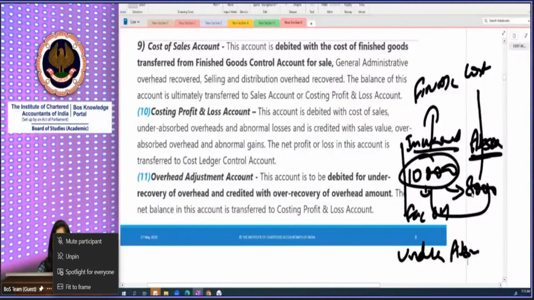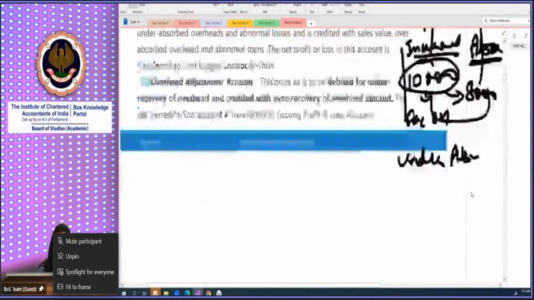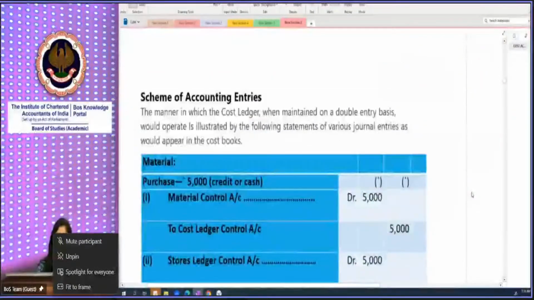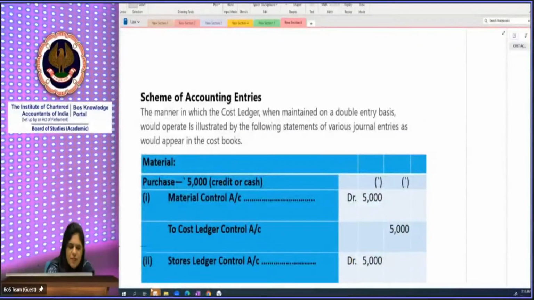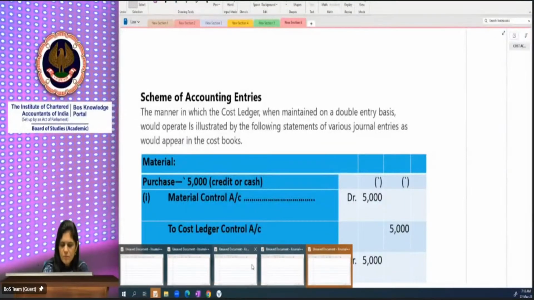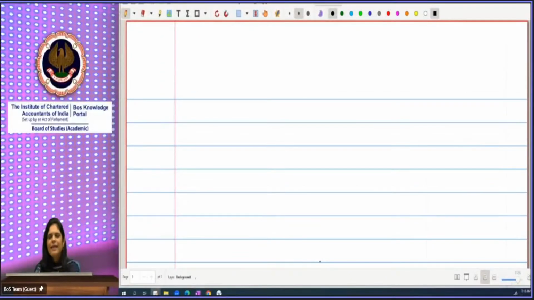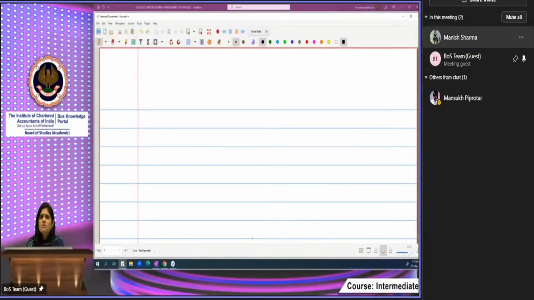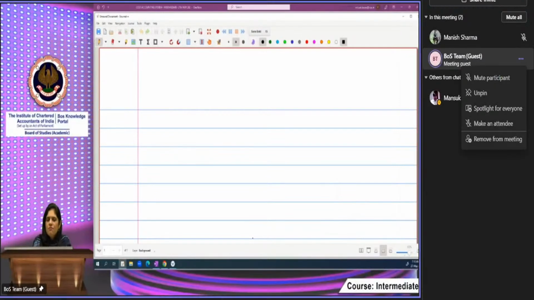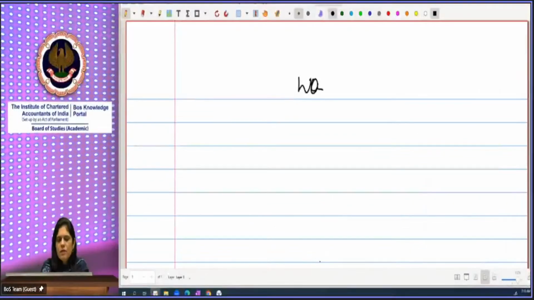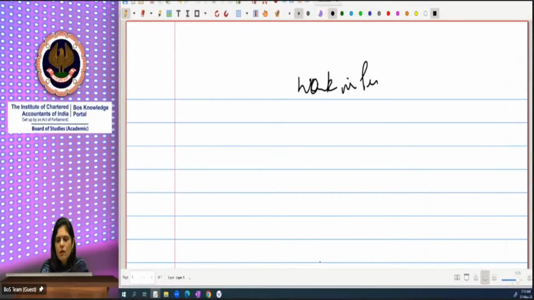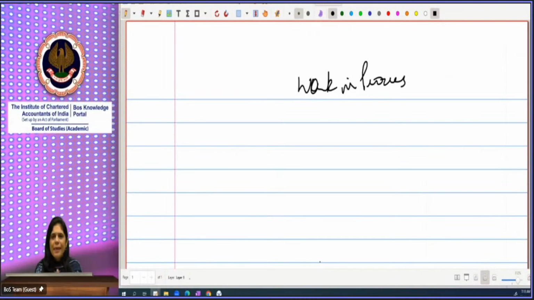All right. So these are all the accounts we make, and then we have to understand a scheme of entries. Before we start the scheme of entries, let me explain what exactly is the format of the cost accounting system. We have WIP, work in process. This is the main crux of the cost accounting system.